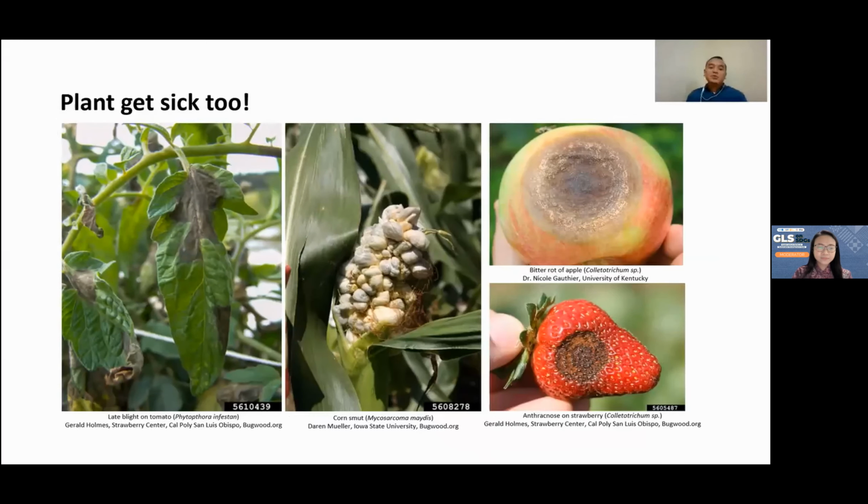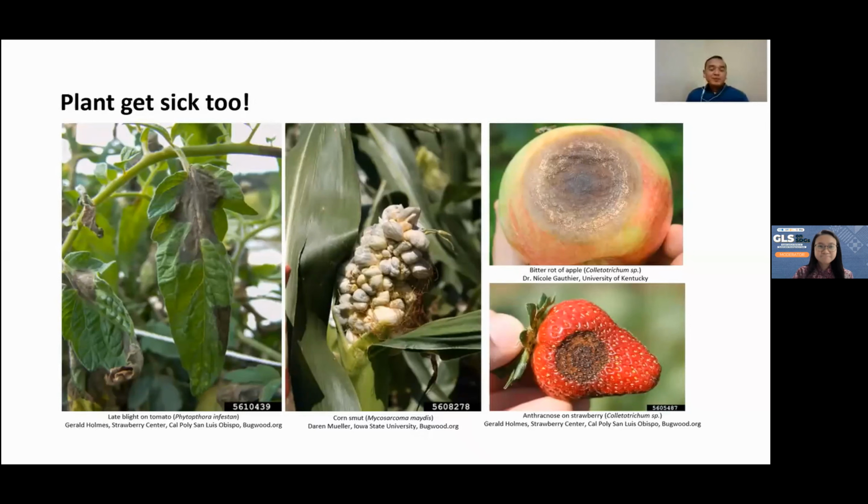Okay, so this picture is just to show you how plants may look when they get sick. And I wish this lecture was in person so I could ask your opinion about what you do when you see a diseased plant like this. Do you feel sorry for them?